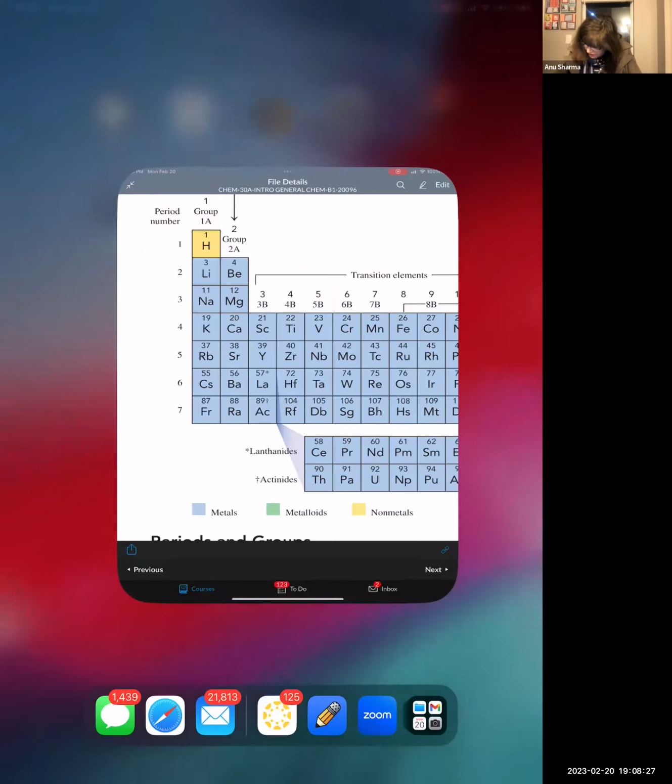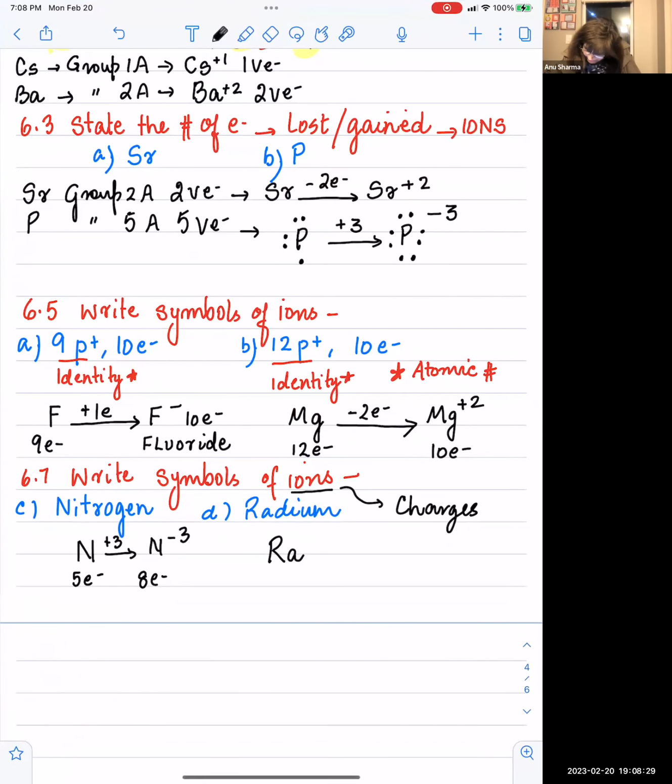So radium has 2 dots, and when you minus 2 electrons, this becomes radium plus 2. All right, so that's the radium ion. Okay, so group 2A, group 3A.